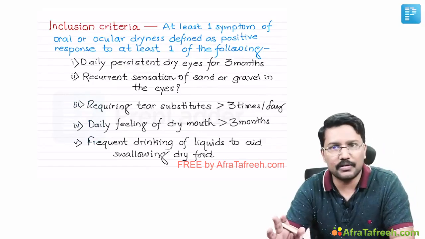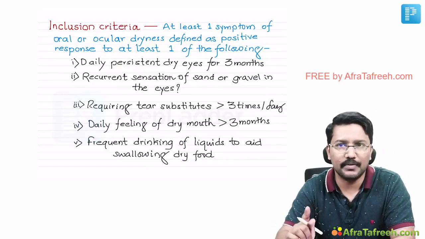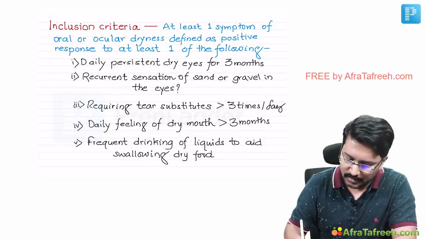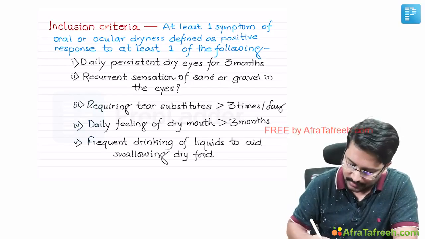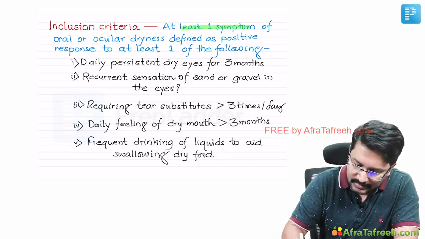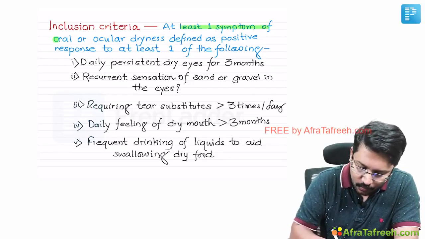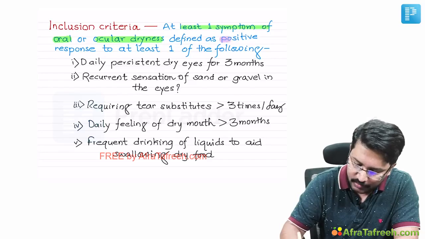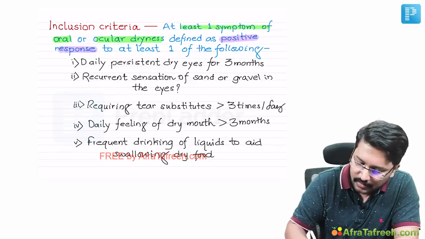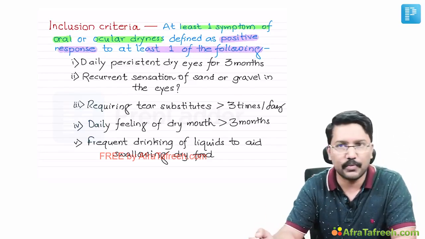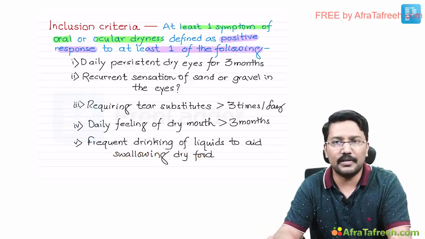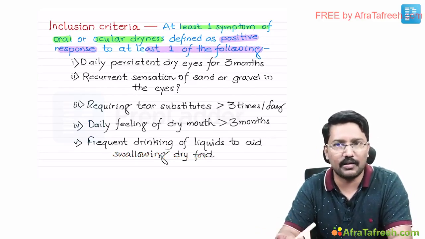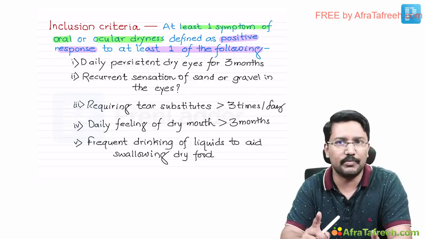So what are these inclusion criteria? Remember, the patient should have satisfied the inclusion criteria, right? It should be meeting the inclusion criteria. What is the inclusion criteria? It says the patient should have at least one symptom of oral or ocular dryness, which is defined as a positive response to at least one of the following questions. So at least one symptom of oral or eye dryness should be there.